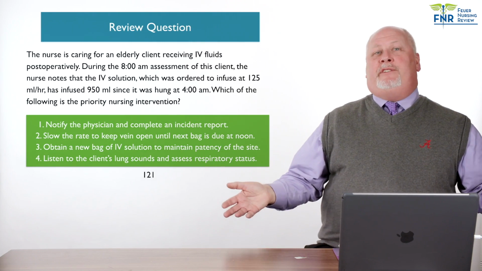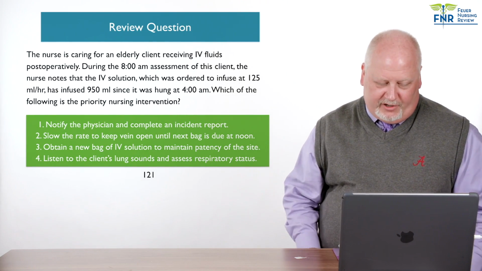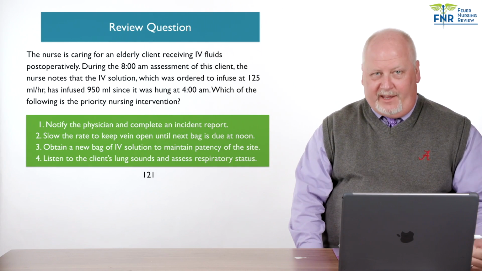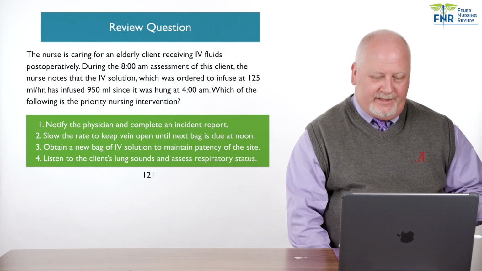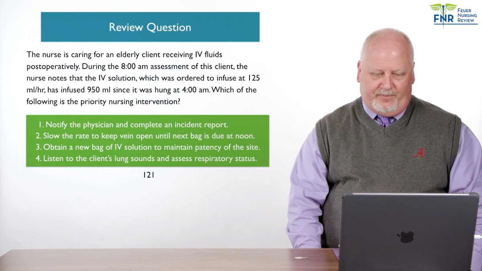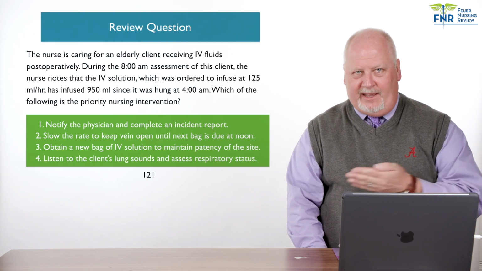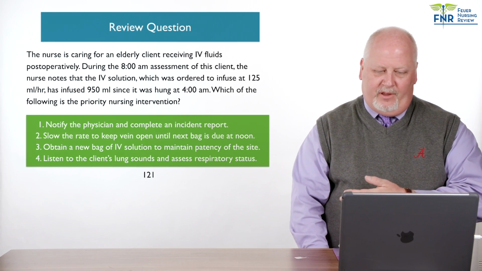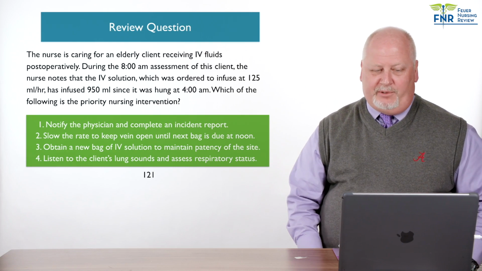So again, we have a question here asking us what's going to be the priority. What are we going to do first? So are we going to notify the physician, slow the rate to keep the vein open until the next bag is due, obtain a new bag of IV solution just to maintain that the site is patent? Or are we going to listen to the client's lung sounds and assess their respiratory status?